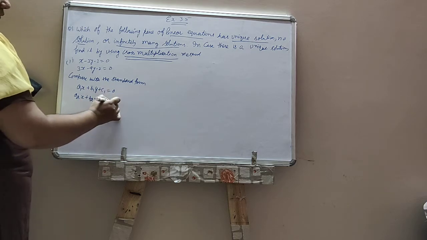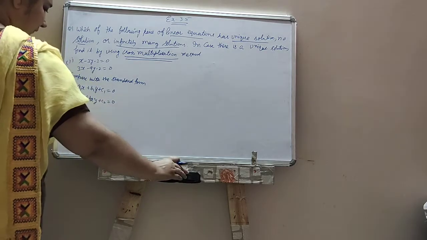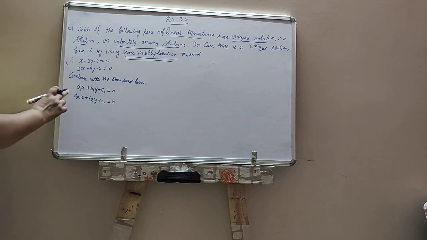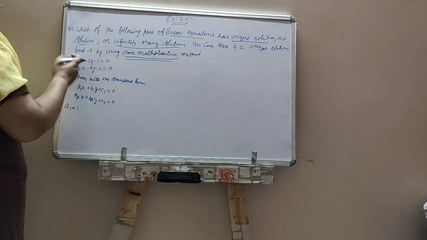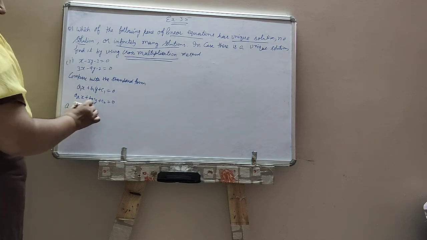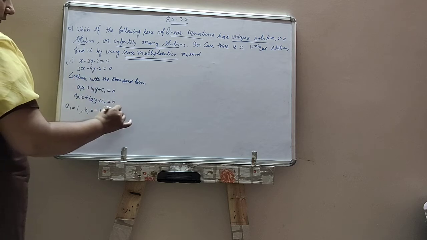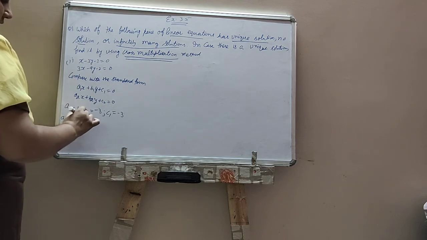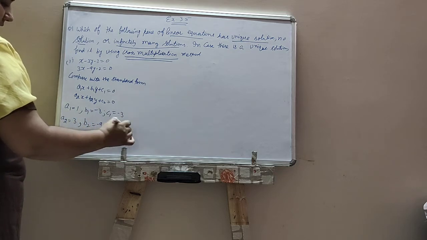And if you are comfortable writing the coefficients directly without comparing, then go for it. Now here a1 is 1, coefficient of x is 1, b1 is minus 3, c1 is minus 3, a2 is 3, b2 is minus 9, c2 is minus 2.